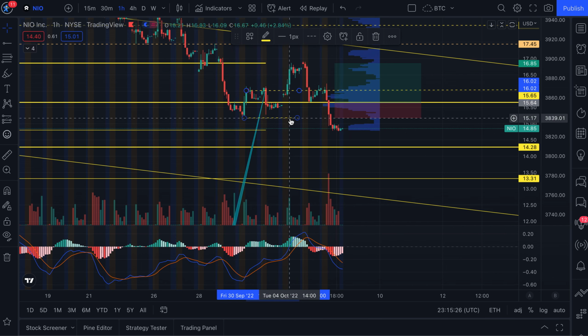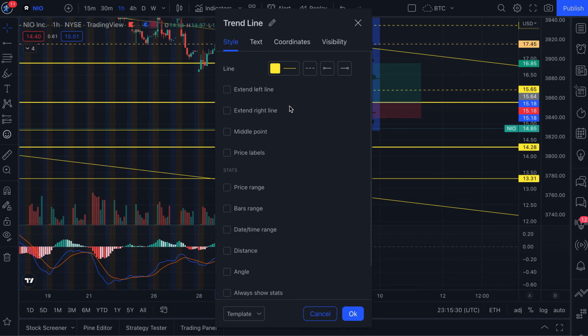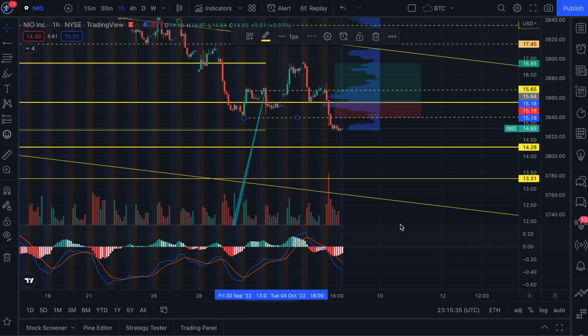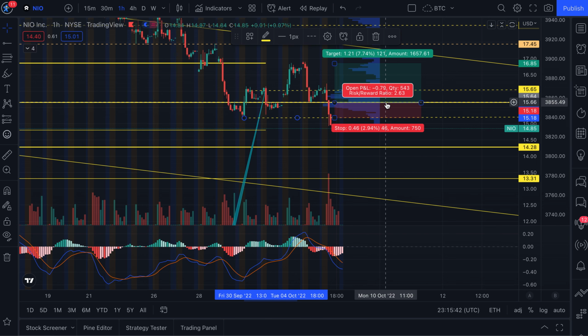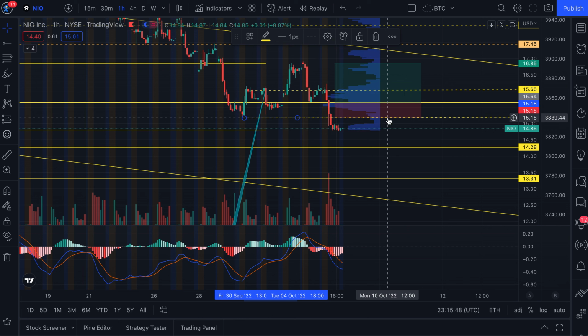So those are our shorter term levels. And again, just because I'm being more safe than anything, I'm using this stronger level as an entry. Don't want to use this one just because it might be easier to get faked out on this one.